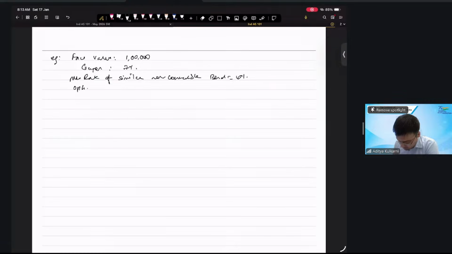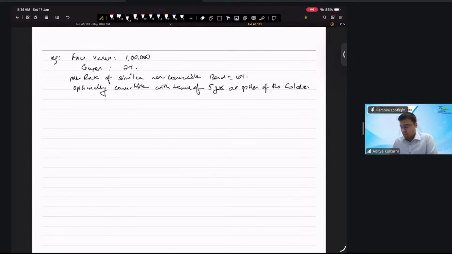Optionally convertible, with tenure of 5 years, at option of the holder.